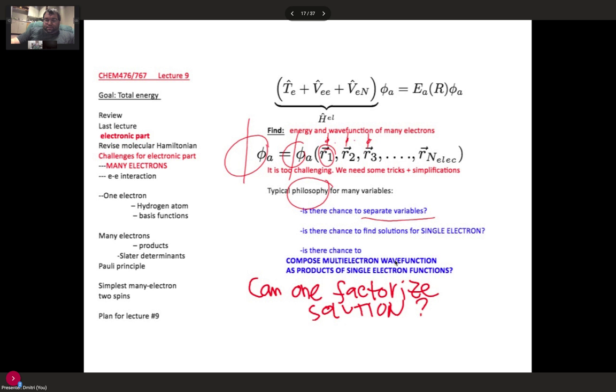Yeah. Okay. So there are laws of nature that forbid electrons to be in the same quantum state, and it is not so much like a legal law.